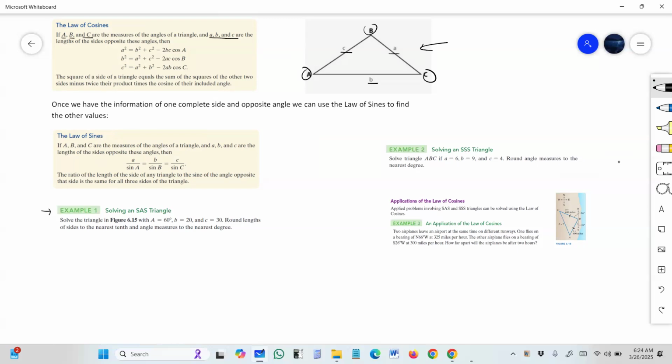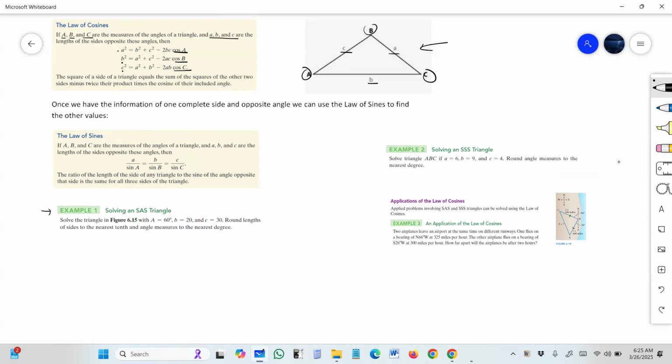So it kind of looks like the Pythagorean theorem, which it kind of is, but on an oblique triangle. So to find the side A, we're going to need the cosine of the angle A. To find the side B, we're going to need the cosine of the angle B. To find C, cosine of the angle C. So the formulas are pretty easy. You don't have to memorize them. I'll give them to you on an exam.